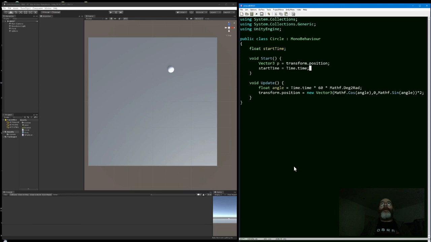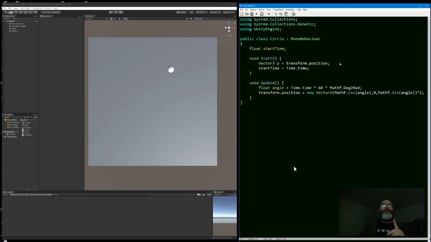So literally, when the thing starts up, I remember what time it started up, probably going to be 0 in practice for now. But if I was running it in the game and I set it up so that this was turned on after the level had loaded, it would still work correctly, even though time.time will have moved on. It will have started at something other than 0.